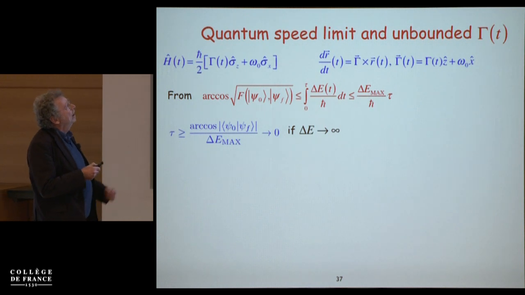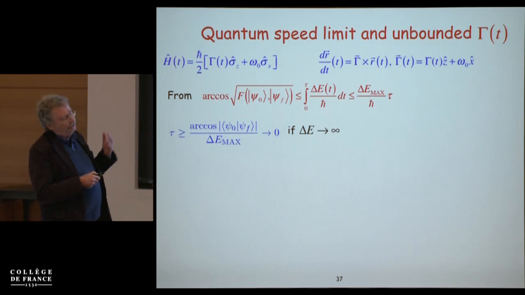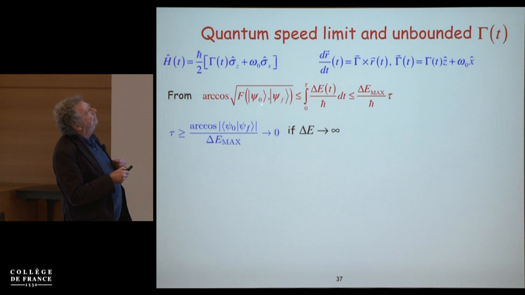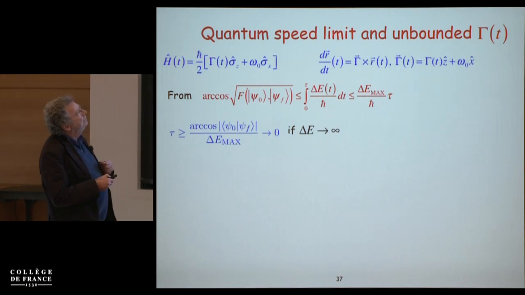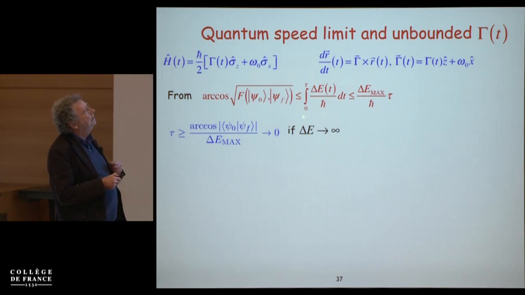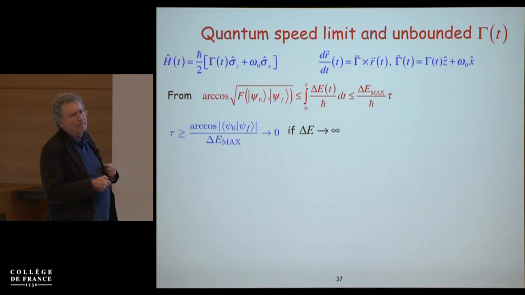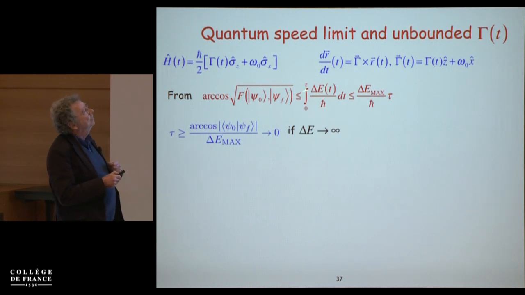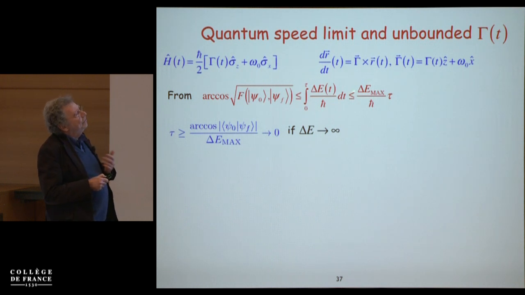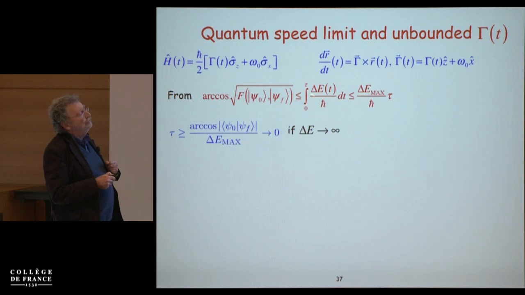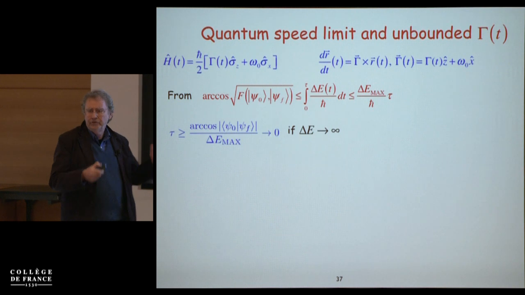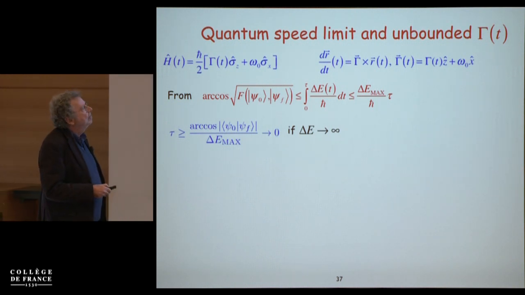Now, we know that we are dealing with pure states here, that the arccosine of the square root of the fidelity between the initial and final state should be bounded above by this expression. Of course, E is a function of t because of this gamma here. And we just write for simplicity that it should be bounded below by the maximum value of this variance times tau. Okay? Just an upper bound to this integral.